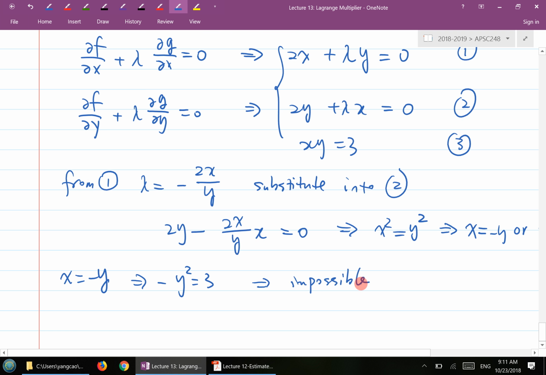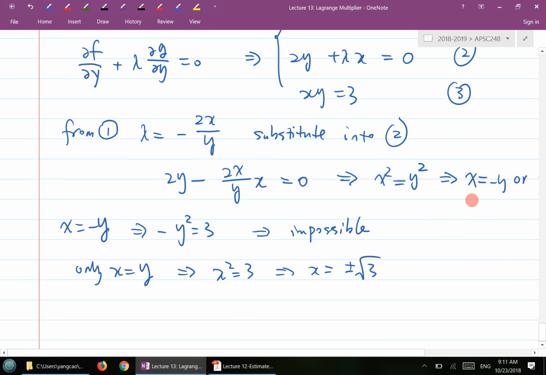Okay, so x cannot be negative y. Then we have only this x equal to y relationship, right? And that gives us y squared or x squared equal to 3, doesn't matter. So that gives us x squared equal to 3, or x equal to positive and negative root 3.